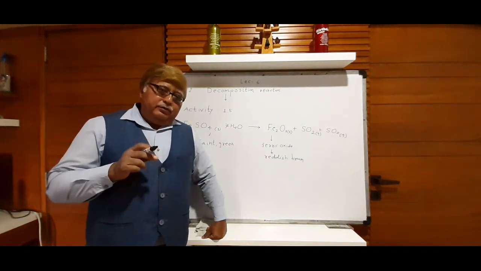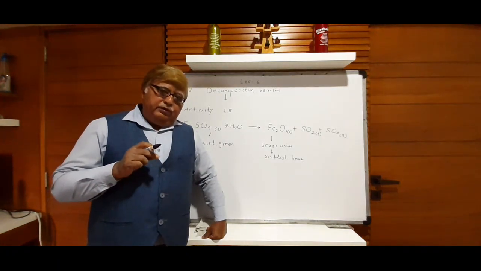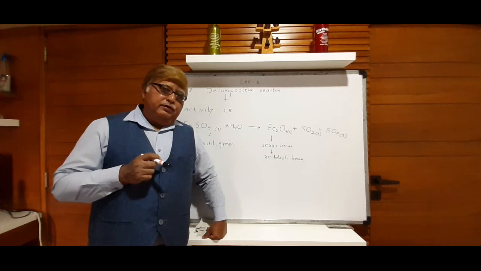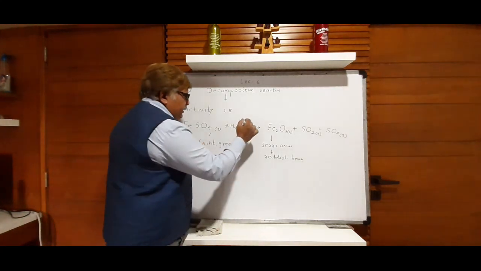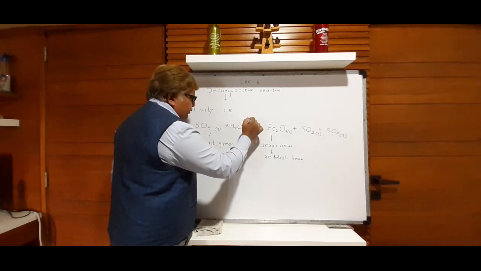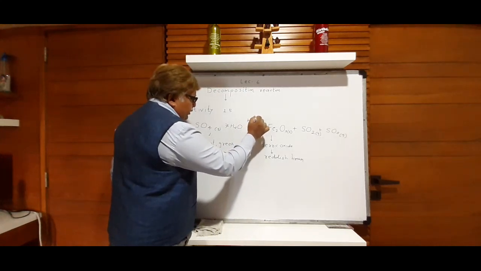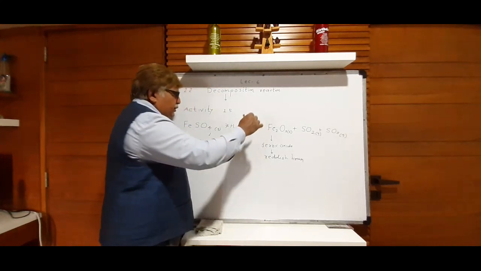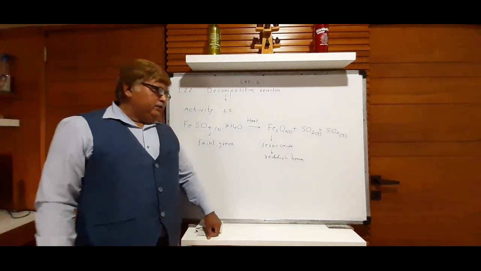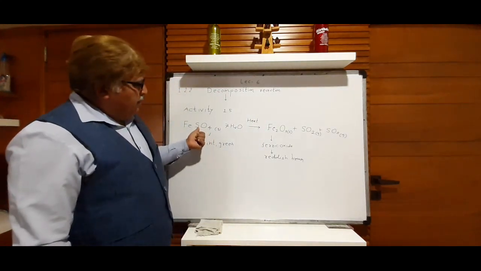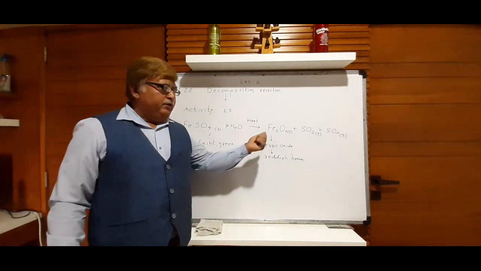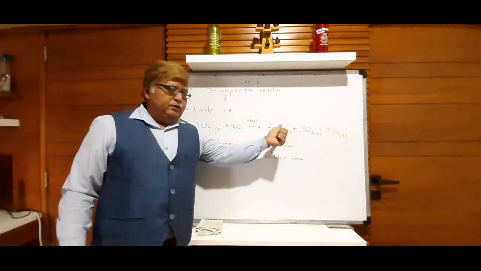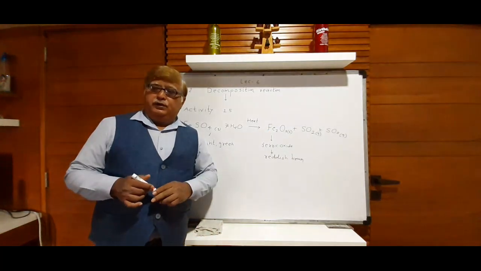This particular decomposition reaction took place with the help of heat energy. Because we supplied heat energy here, ferrous sulfate crystal decomposed into ferric oxide, sulfur dioxide and sulfur trioxide.